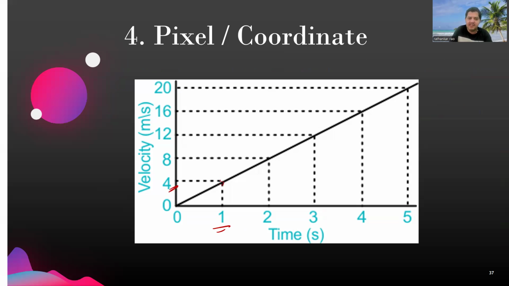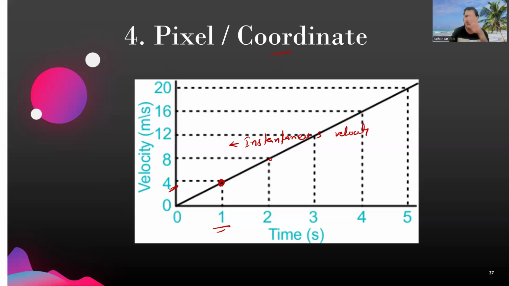It intersects this point, which is a coordinate. You find out the coordinate, and from this coordinate, you will be able to find out the instantaneous velocity of the particle. So using this method, you can find out the instantaneous velocity, right? So thus, any complex problems can be easily solved using graphs, and the graphical method is like this.